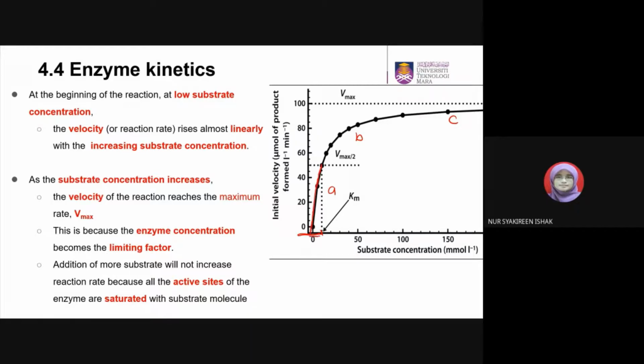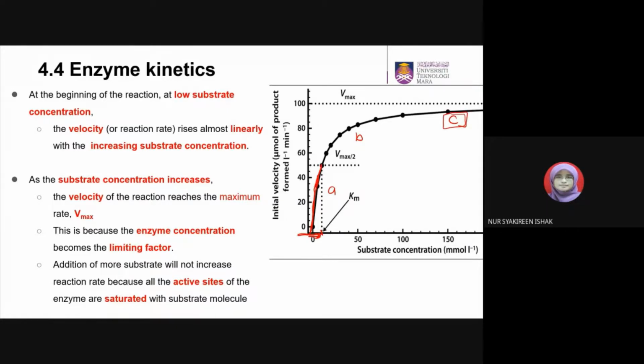So at a very low amount of substrate, the rate of reaction increases almost proportionally. As the substrate concentration increases, the velocity reaches its maximum rate, the point C we saw earlier.